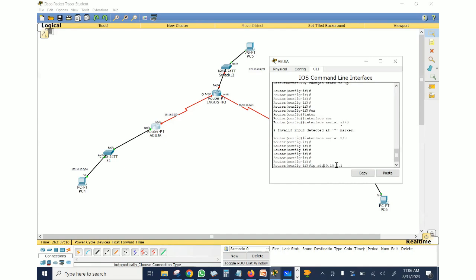IP address 10.10.0.1 255.255.255.0. Okay, so with that, say no shutdown.